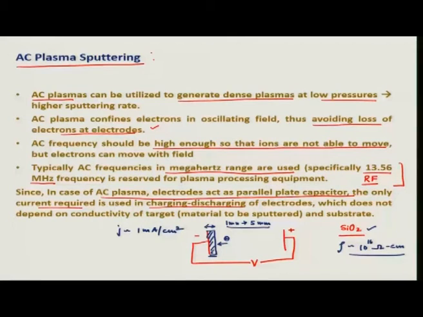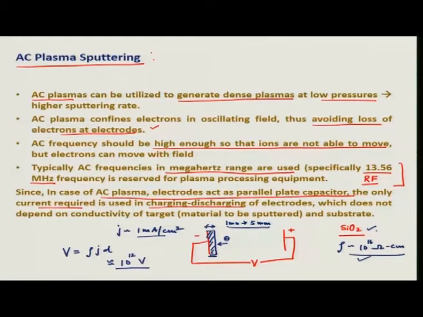The potential drop V to sustain this current density is resistivity times J times thickness, and this comes out to be of the order of 10 to the power 12 volts or so for this insulating target. Sustaining this kind of voltage is very difficult; you cannot practically use this.